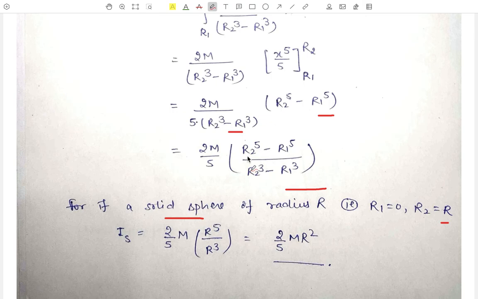Therefore, we get R⁵ upon R³. On cancellation of R³, we get R² in the numerator, and hence the moment of inertia of a solid sphere of radius R and mass m about any of its diameter is 2/5 mR², which is the same value as we obtained in the previous videos.